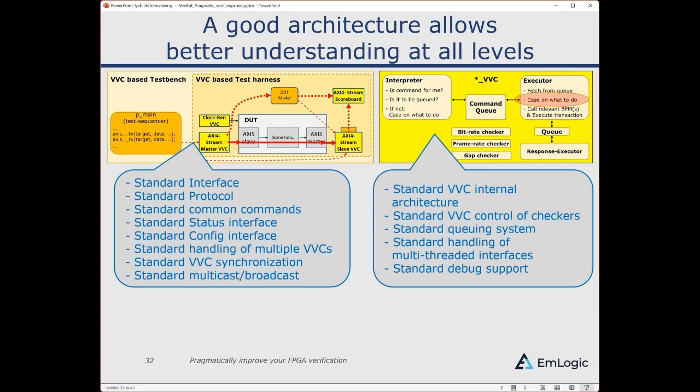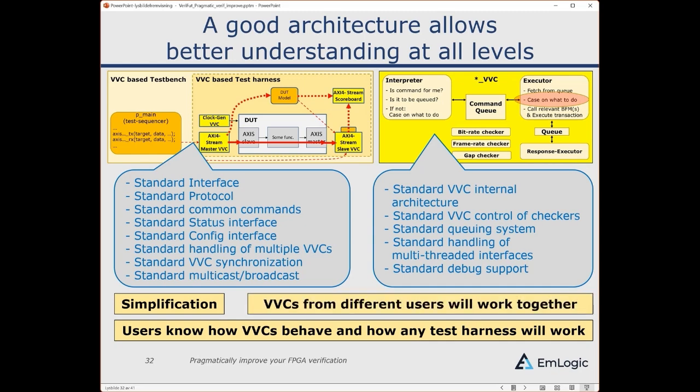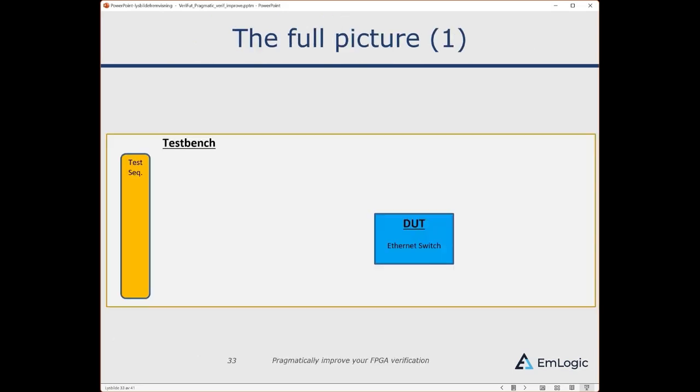That means you can share verification components with anyone, and they will work in your system for broadcast, multicast, for commands, for insert delays, and so on. That means it makes everything simple. The users know how the verification components behave and how the test harness will work. And as I said, verification components from different users will actually work together.